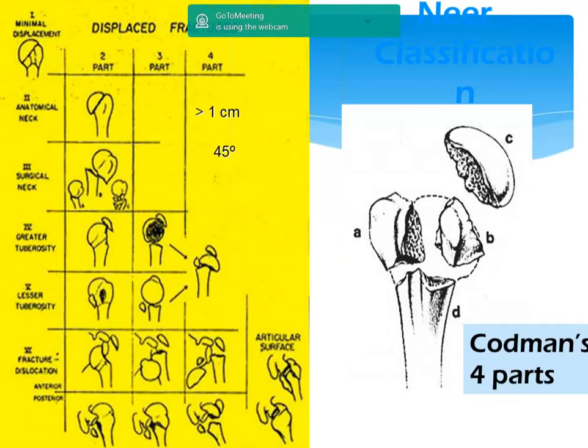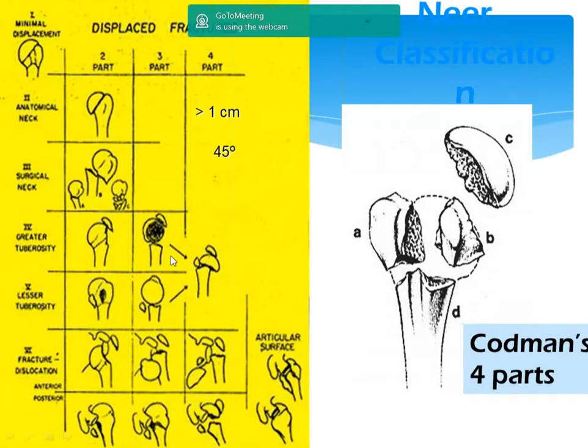See here, if you see this picture, this is the only anatomical neck. So, either anatomical neck or surgical neck or greater tuberosity, or all these single fragments are involved, then it is called one part fracture. If involvement of anatomical neck or surgical neck and more than one part, this is a two-part fracture.